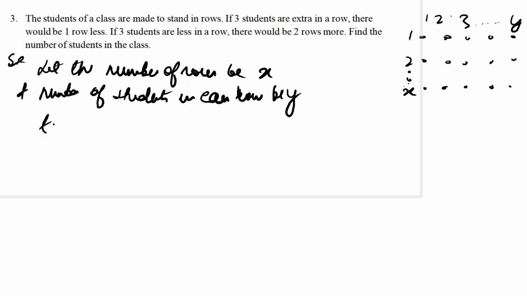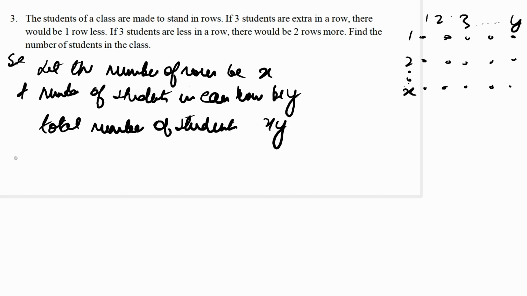So total number of students will be xy. Okay. If in your class there are 5 rows and 3 students are sitting in each row, then there will be 15 students. We will simply multiply them.